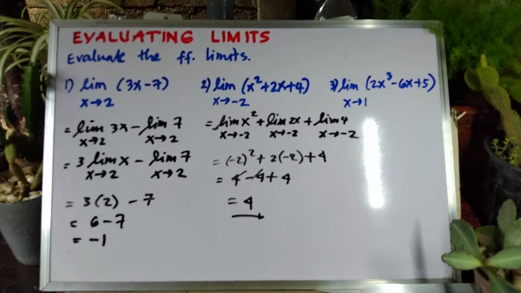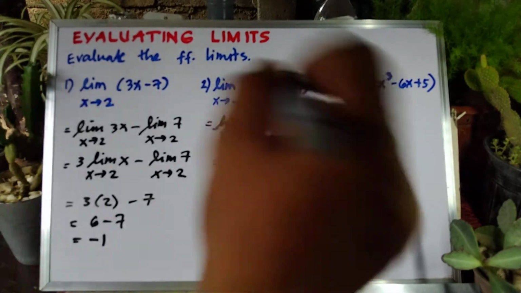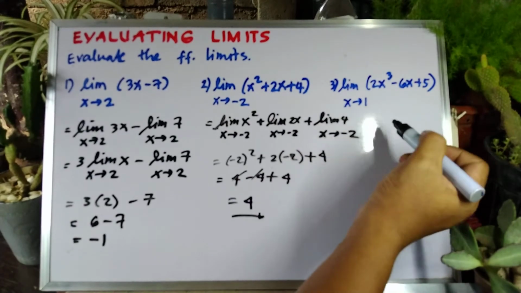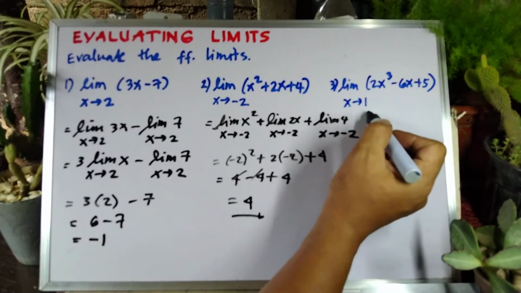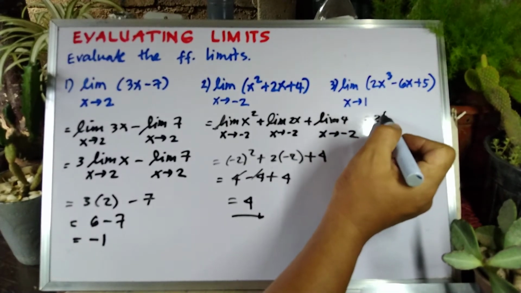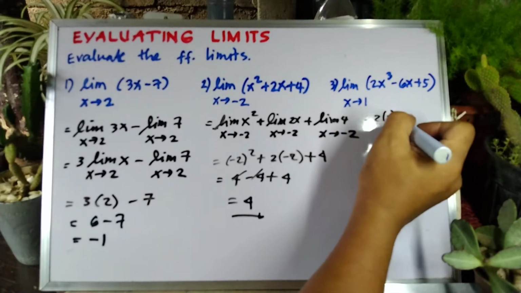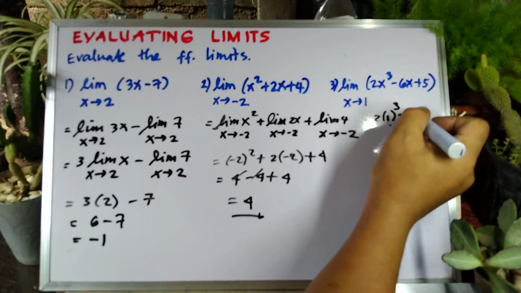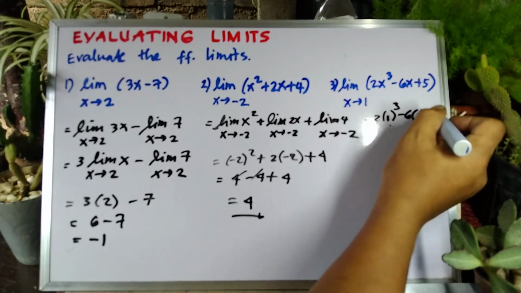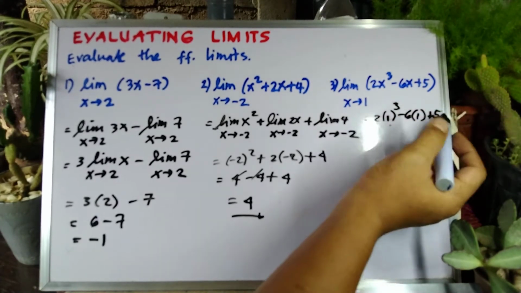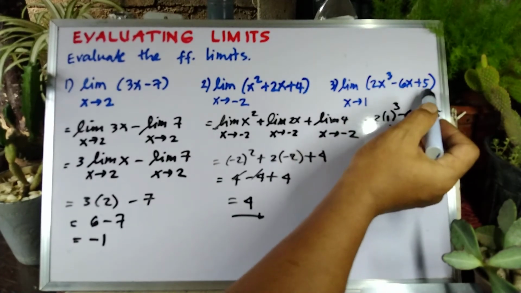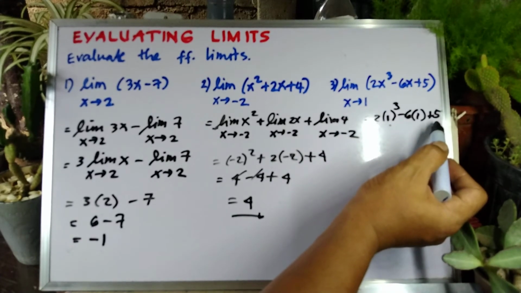How about number 3? If you are already a master, you just substitute x equal to the value there. That is 2 times 1 cubed minus 6 times 1 plus 5. Why just plus 5? Because the limit of a constant is the constant itself, correct?